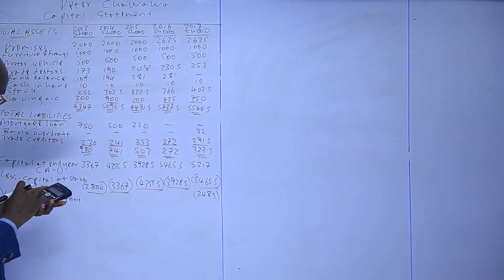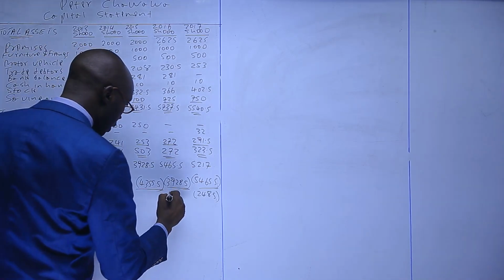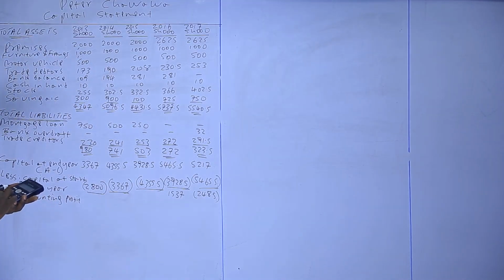This one, 5465.5 minus 3928.5, 1537. The next one is 3928.5 minus 4355.5, negative 427.